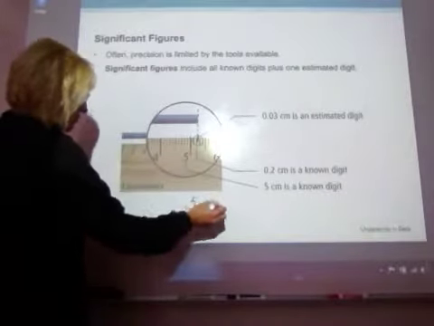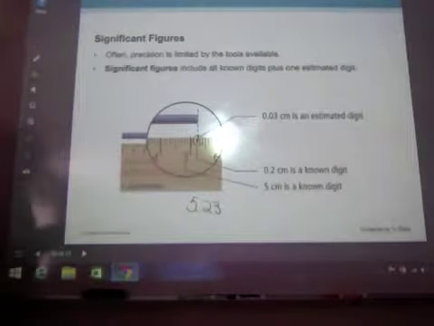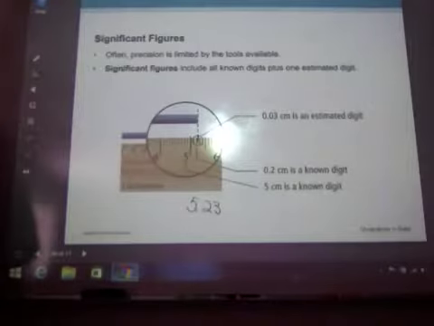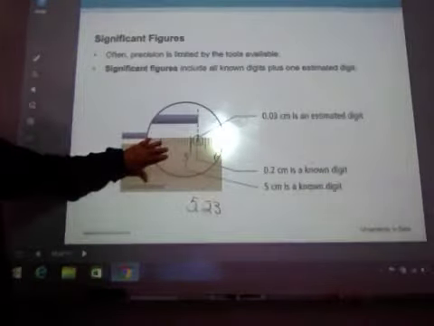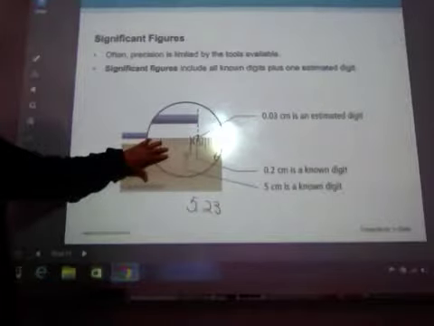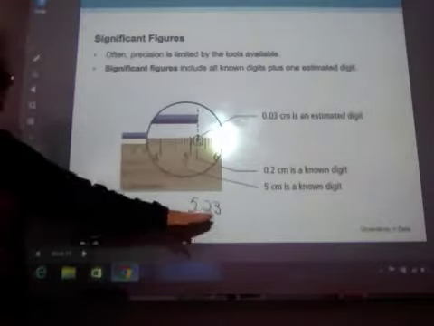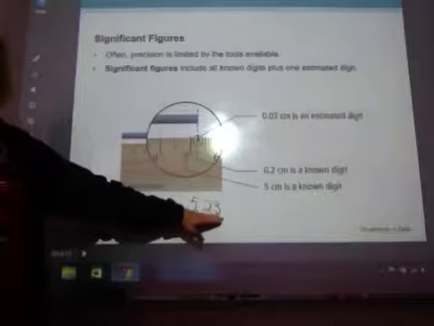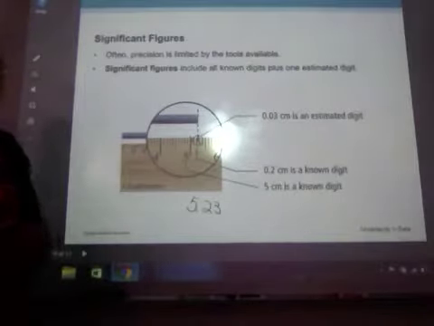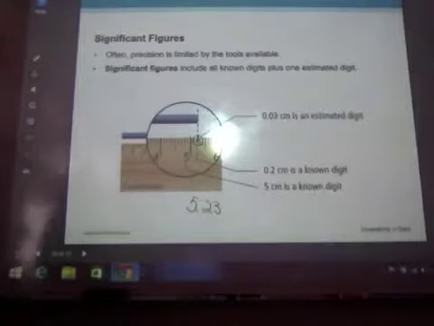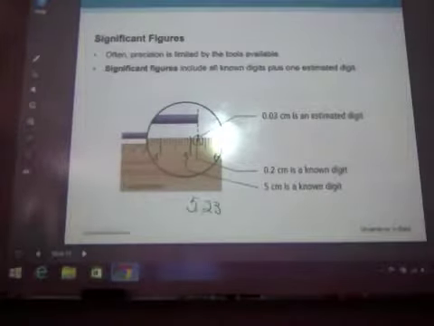It looks like about a 3, so my answer would be 5.23. And whenever we use centimeters, which hopefully you know because we've done this in the past, it always has 2 decimal places because of its precision. So there is one example.